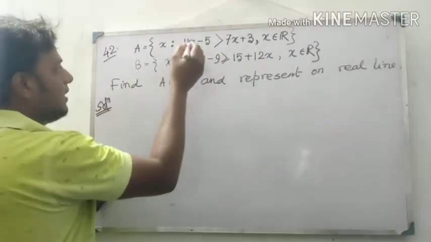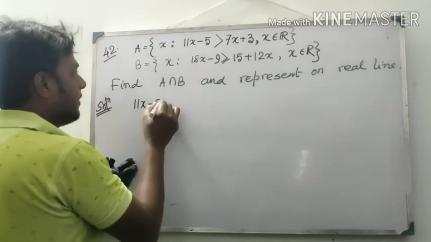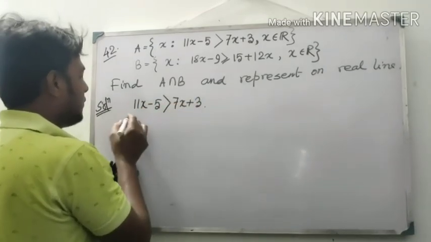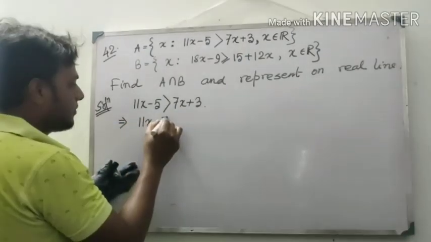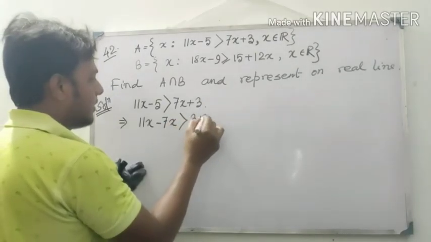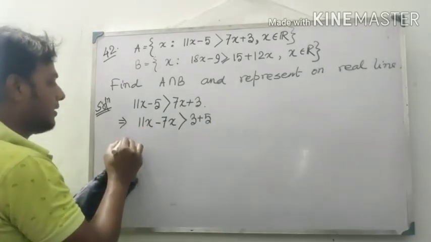For the set A, the inequality is given: 11x minus 5 greater than 7x plus 3. While solving, we consider all x related terms on one side, so 11x minus 7x greater than 3 plus 5. We put all the numbers on one side and all the x related terms on the other side.